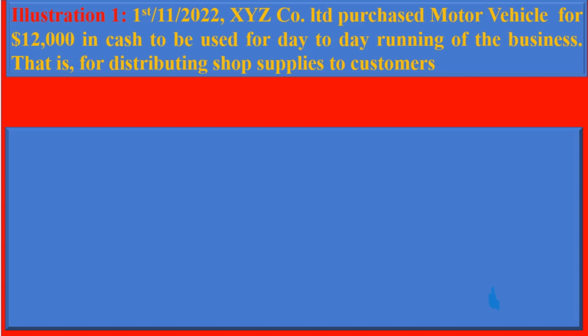This asset was to be used for the day-to-day running of the business. Remember, this is not a trading transaction. The motor vehicle was acquired for distributing shop supplies to the customers.